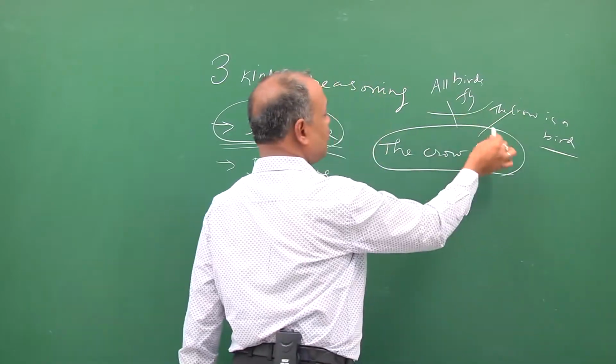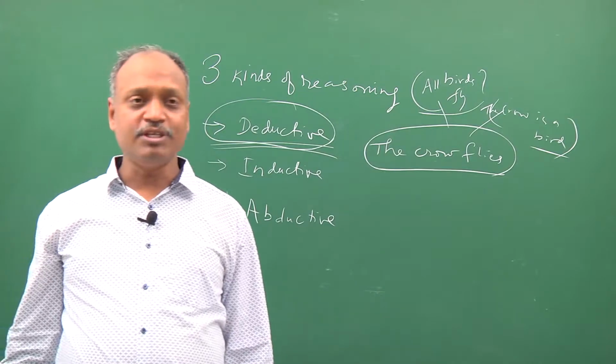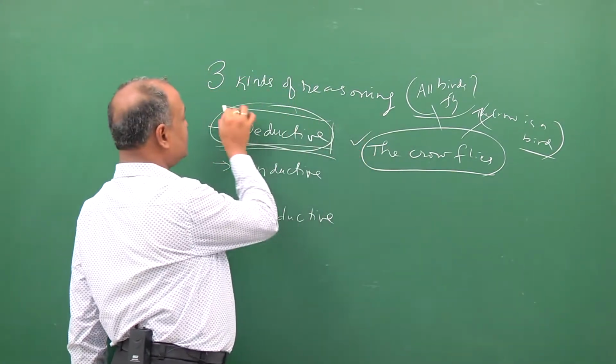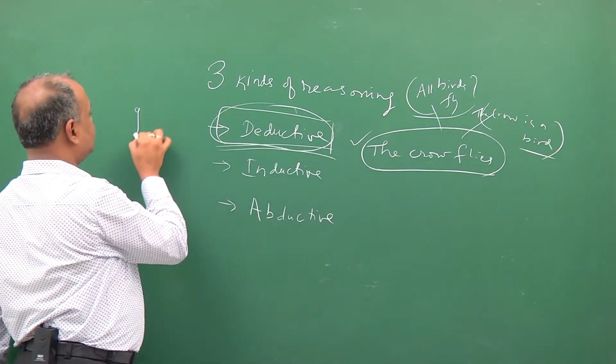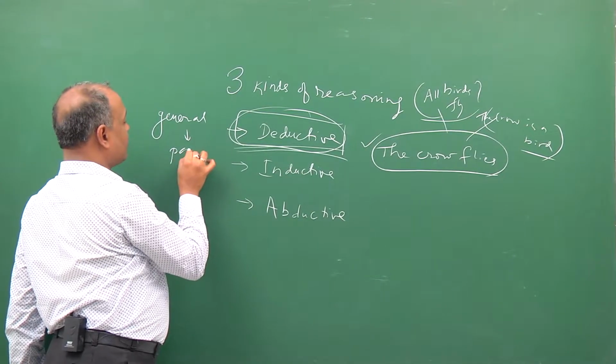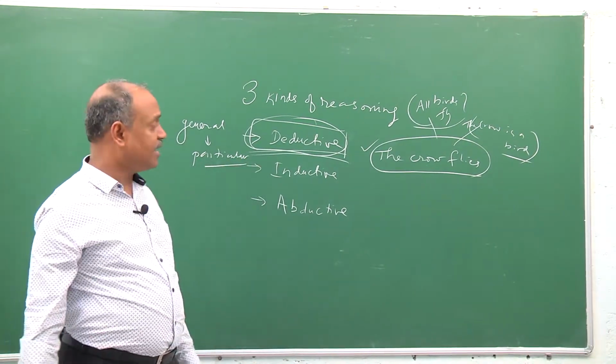So what happens is you have existing pieces of knowledge which are generic laws, and using that you create a new piece of knowledge. Such kinds of reasoning, where you're going from general rules to particular instance applications, is known as deductive reasoning.